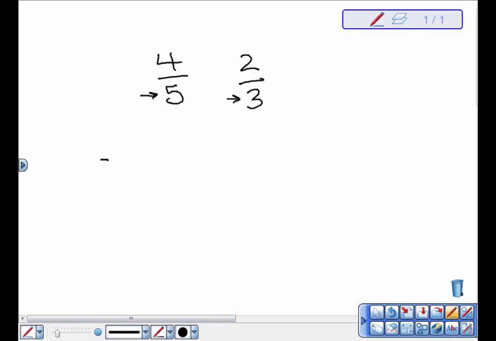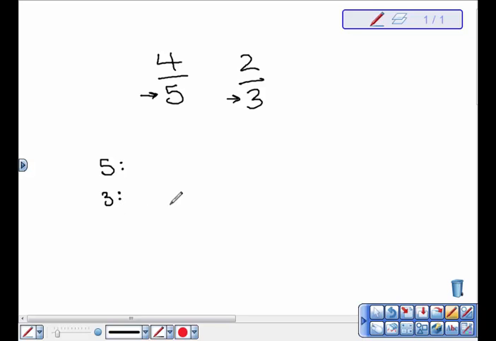So if I find the multiples of 5, here's what I do. I'm going to write 5 and I'm going to write 3. And now what I want to do is count by 5 and count by 3 until I find a number that they have in common. So I'm going to start with my smaller number. I'm going to start with 3, and I'm just going to count by 3s.